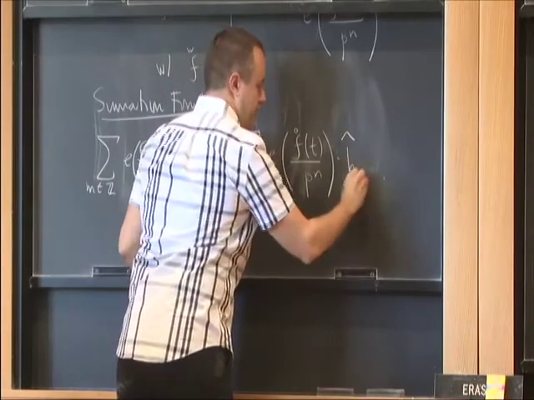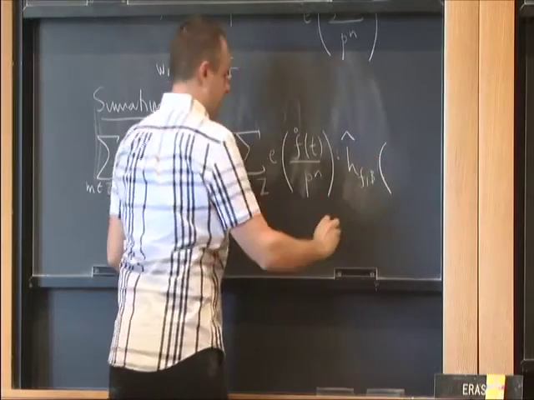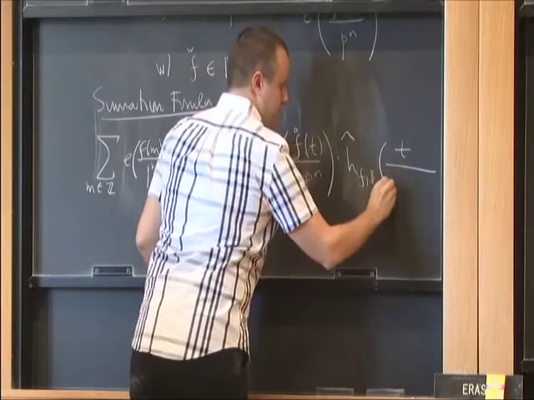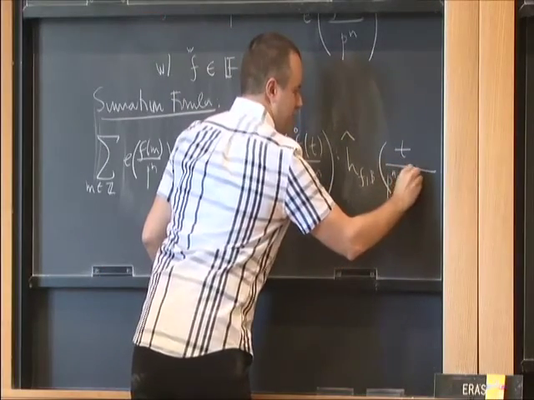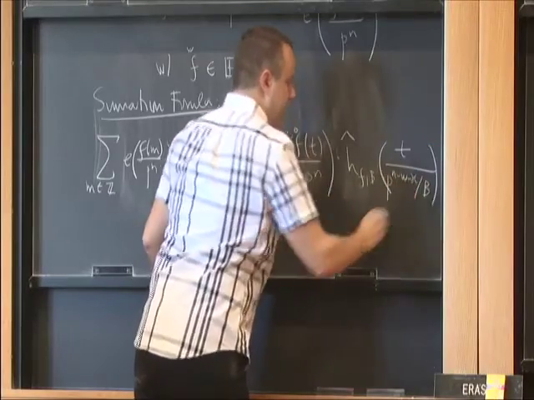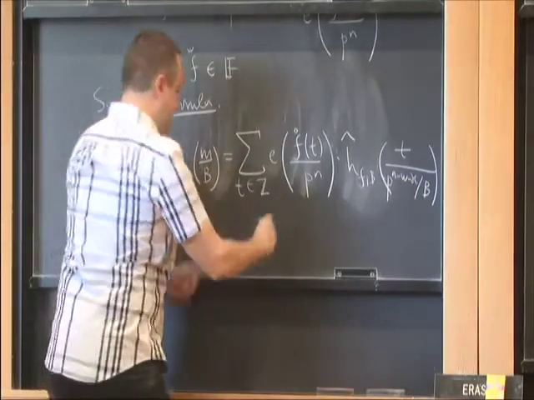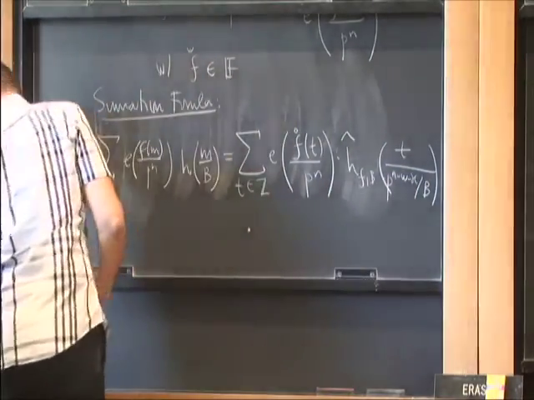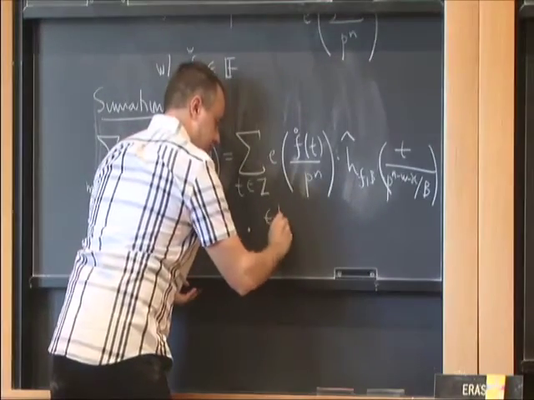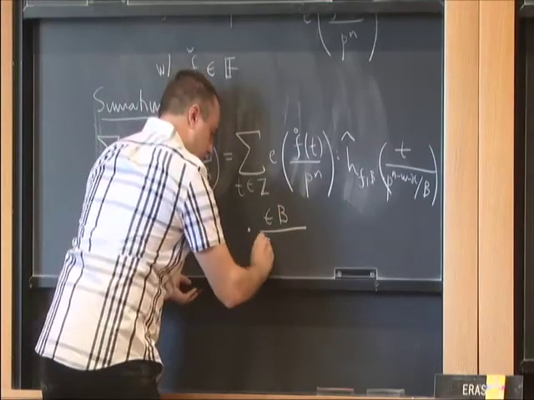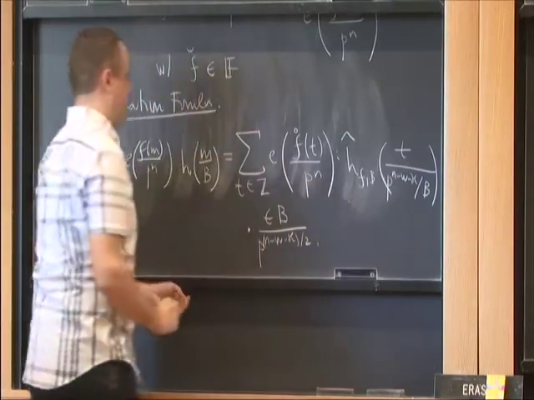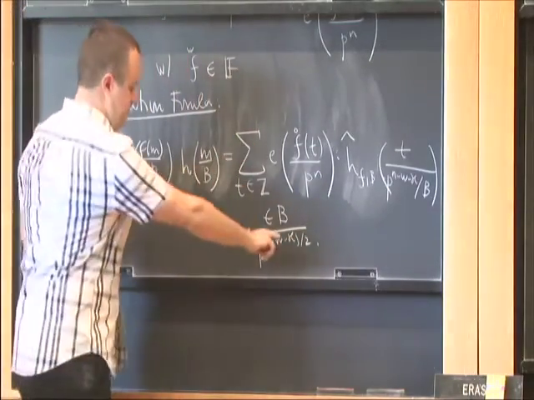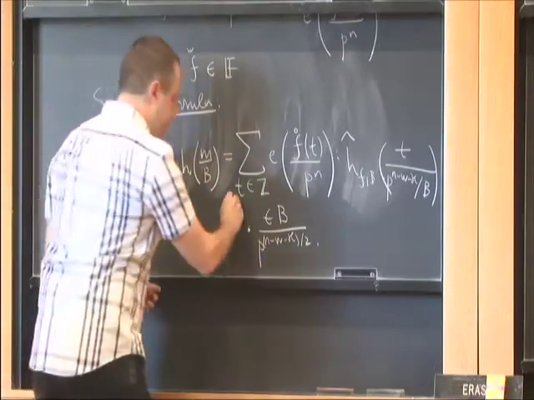So h transform, h hat of t over p to n minus w minus kappa over b. And then this side is also multiplied by, I forgot this, so there's also the size, epsilon b over p to n minus w minus kappa over 2. Okay, this is on the right-hand side.